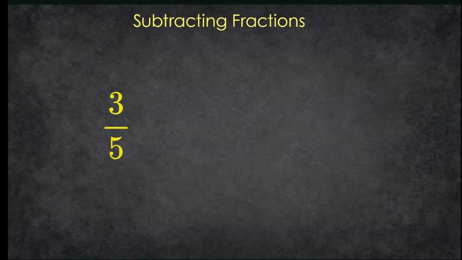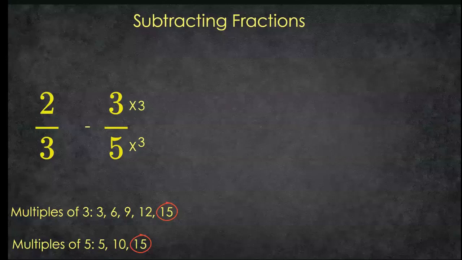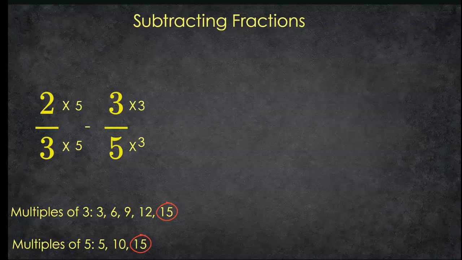All right, I've got one more problem I'm going to show you. 2/3 minus 3/5. Here are my 3s: 3, 6, 9, 12, 15. And here are my 5s: 5, 10, 15. I can see that they both share a multiple of 15. So I'm going to be multiplying 3/5 times 3 and 2/3 times 5 to give me my new equivalent fractions.